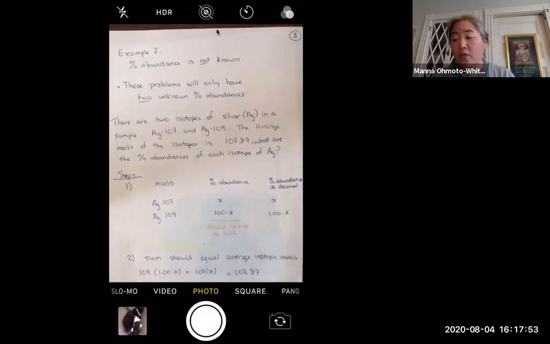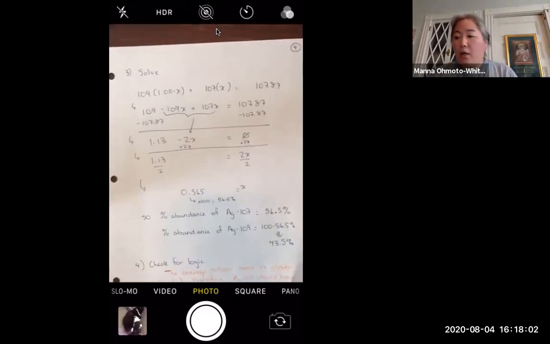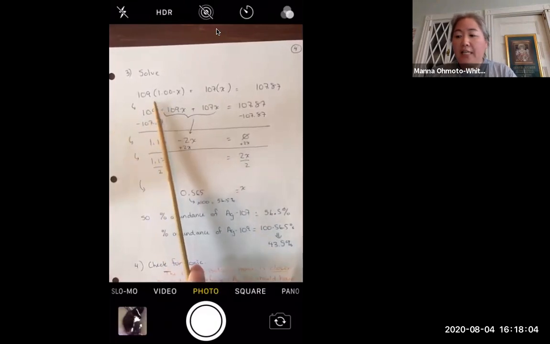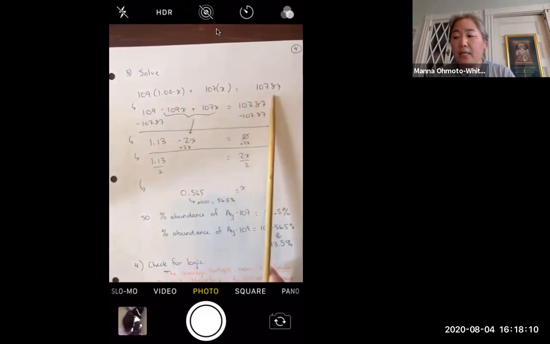That should equal the given average isotopic mass. I then solve: 109 times 1.00 minus x plus 107 times x is equal to 107.87.